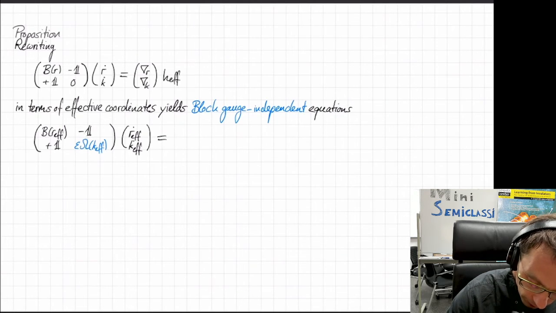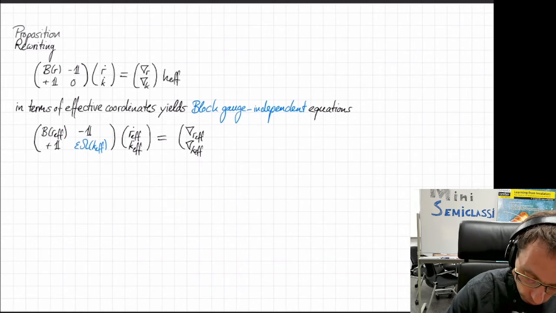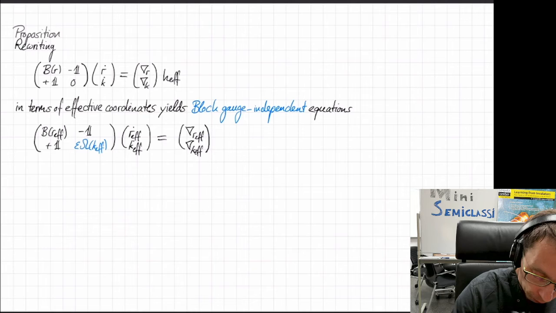And then on the right hand side, you have the gradients with respect to R effective and K effective. If I remember correctly, relating the two gradients with one another was the part that I found the most tedious.